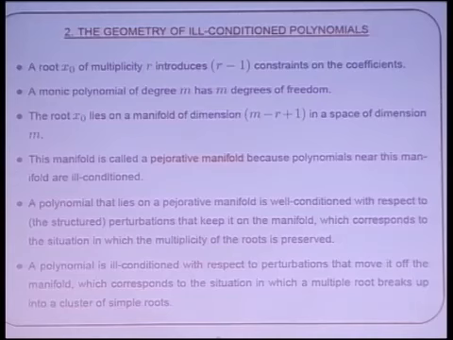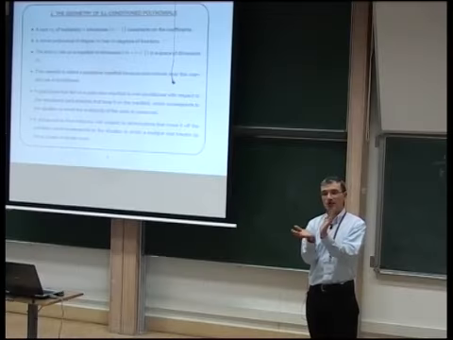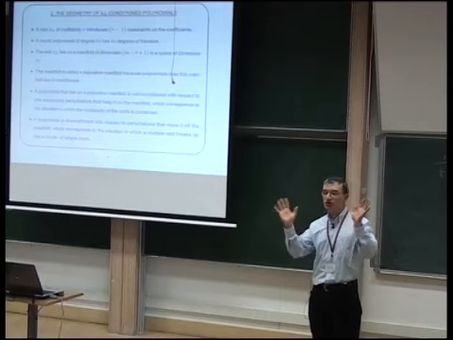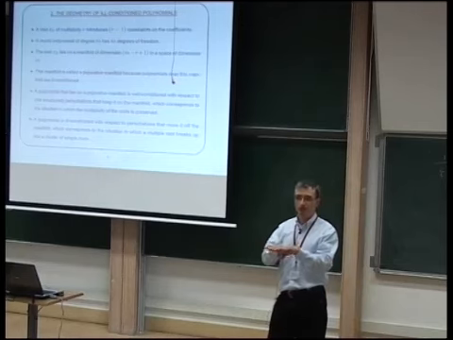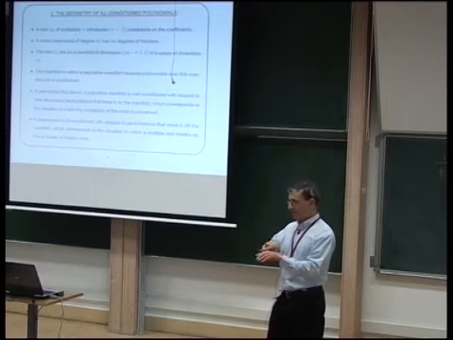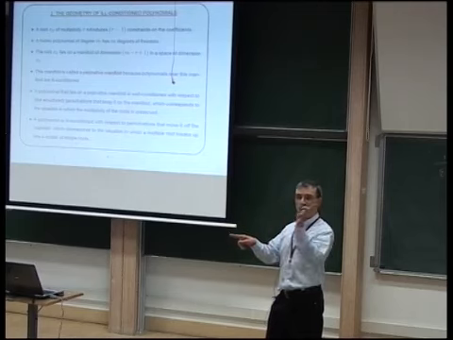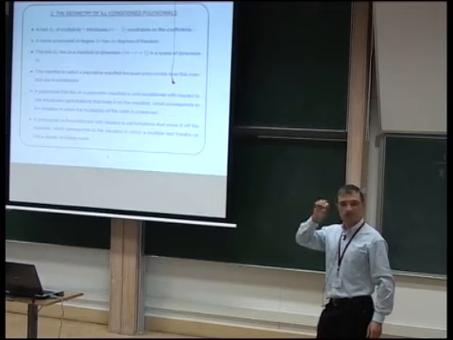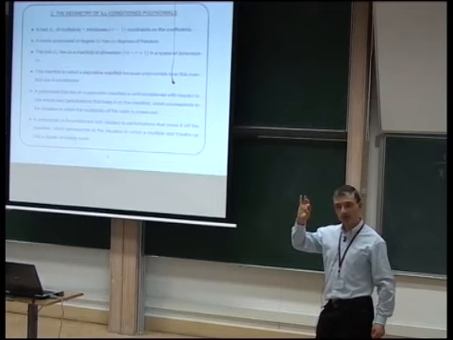So what's the geometric interpretation of that? Imagine you've got a polynomial of degree m, and let's just deal with real coefficients to make things simple. So your coefficients lie in R^m. There's your constant, x, x squared, etc. Every point in that space represents a different polynomial.